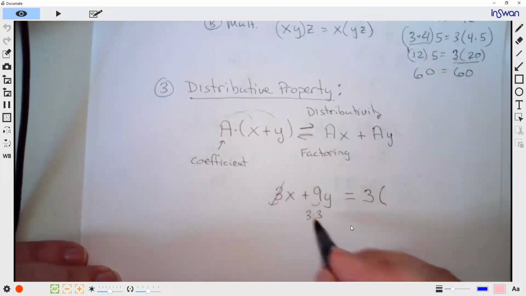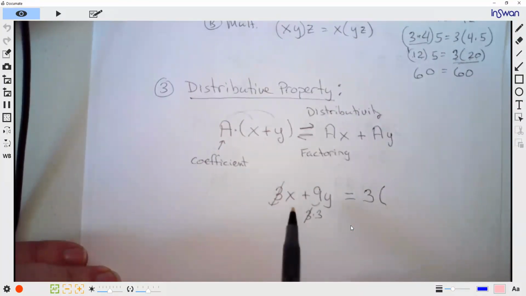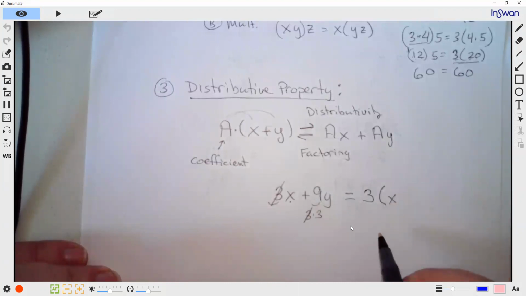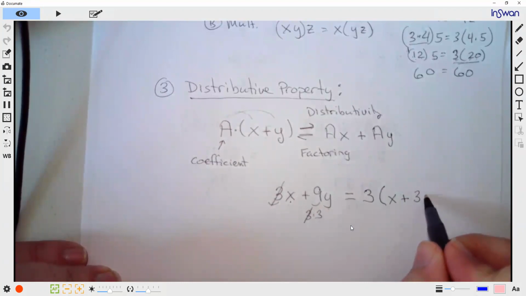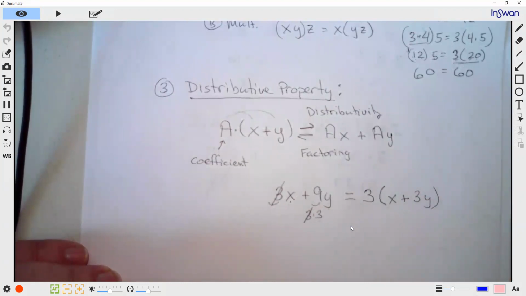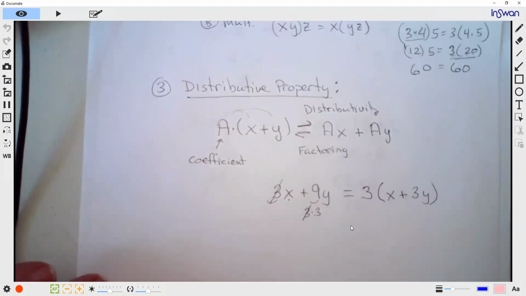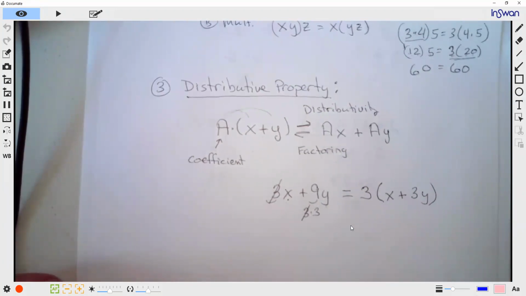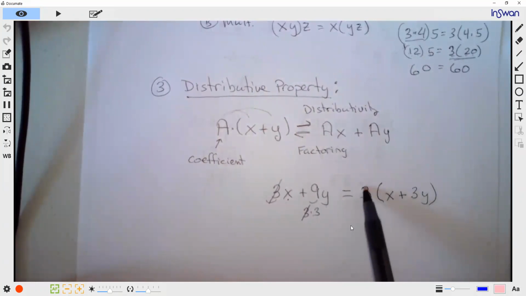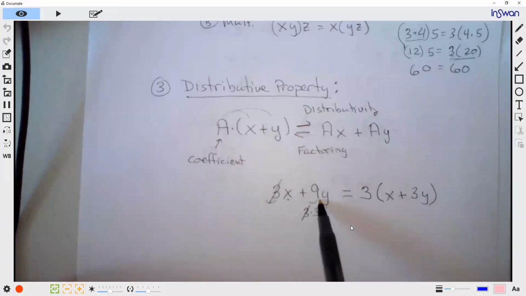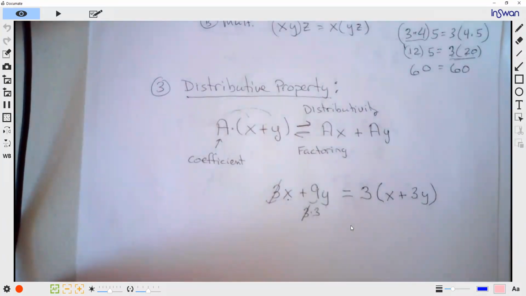So this 3 is gone, and one of these 3's is gone. So what do I have left? The x plus 3y. That's factoring. And you can always check it. Multiply 3 times x, 3x. 3 times 3, 9y. That's how I always check it whenever you do that.